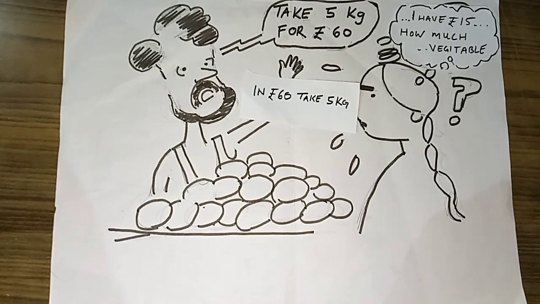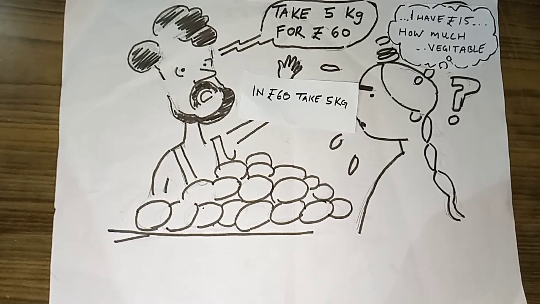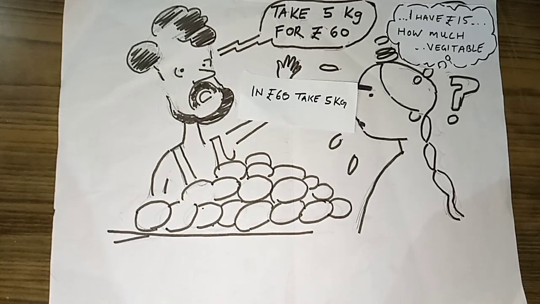Right? The same statement has been said here, rupees 60, take 5 kg. This statement is quoting the same price as the vegetable vendor is quoting, but the order of the figures has been reversed.